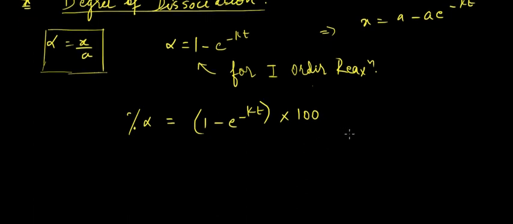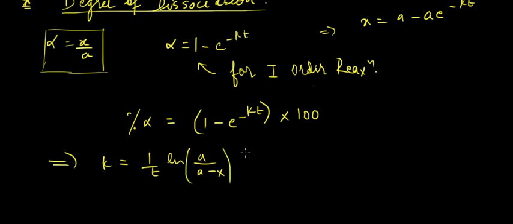And we have also seen for a first order reaction that k is equal to 1 by t ln a upon (a minus x). So from this we can write that t equals 1 by k ln, dividing the numerator and denominator with a.